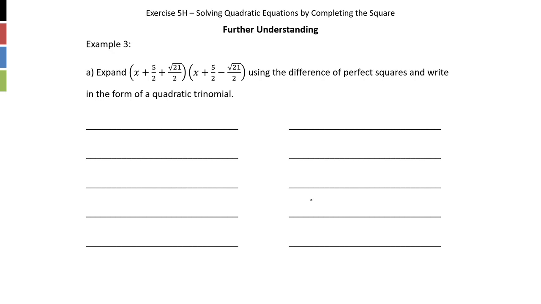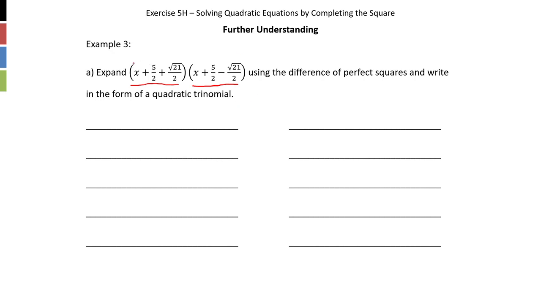Okay. Now, a little bit of further understanding. This isn't required, but it gives you an idea of how we actually can make a whole bunch of these problems. Instead, we can start with the solutions that we would get from perfect squares.